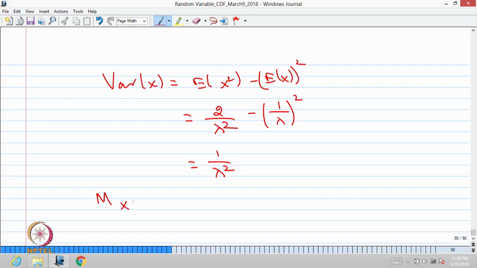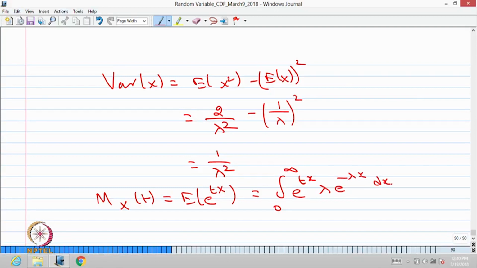We can get the MGF of the exponential distribution, that is the expectation of e power tx, which is the integral from 0 to infinity of e power t times x, times lambda times e power minus lambda x dx. This integration, the expectation, is going to be a finite quantity whenever t is less than lambda, and the value is 1 divided by 1 minus t divided by lambda.